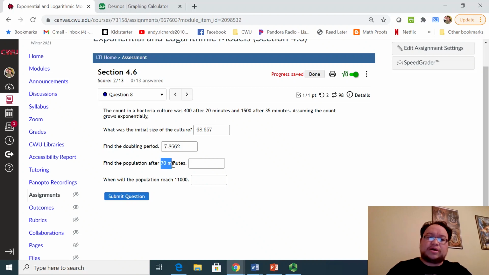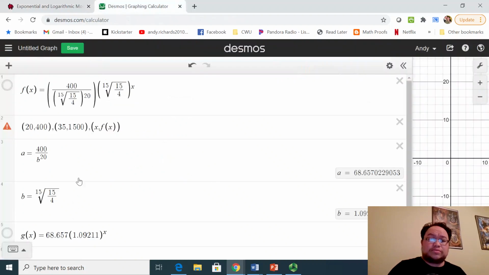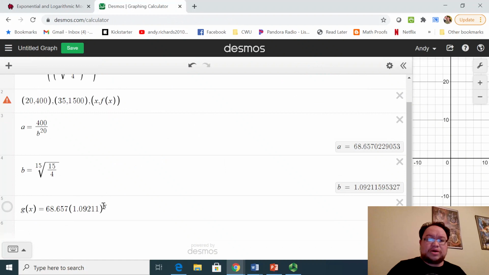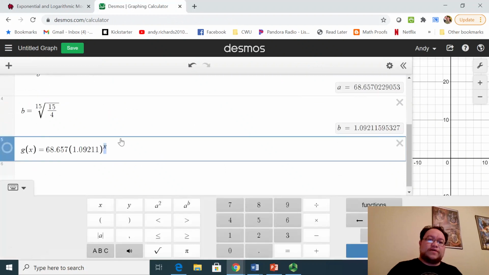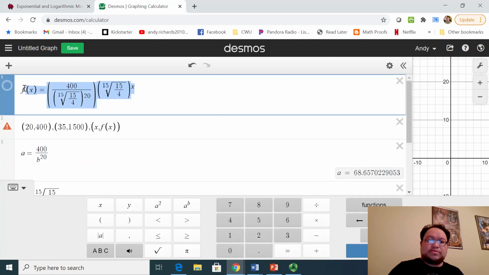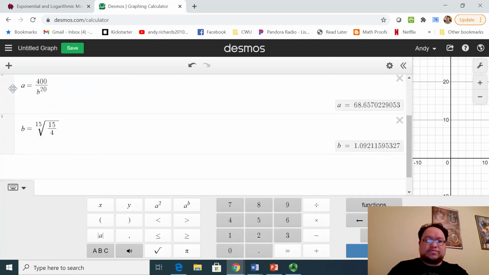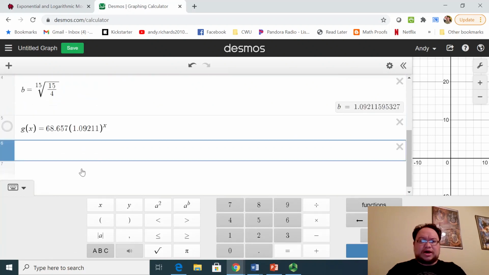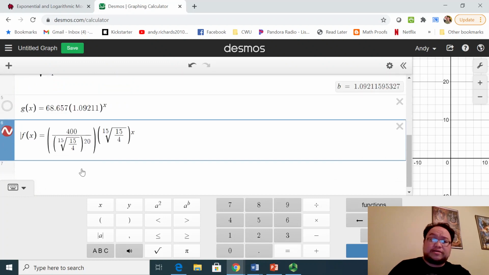If we continue on here, I'm going to do both parts with this one. When it asks for the 70 minutes, what it's really saying is, given this model, what happens if x is 70, right? So I'm going to use the exact one up here, even though it is more cumbersome, simply because it'll be exact.